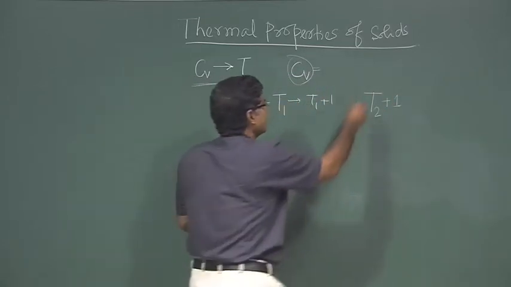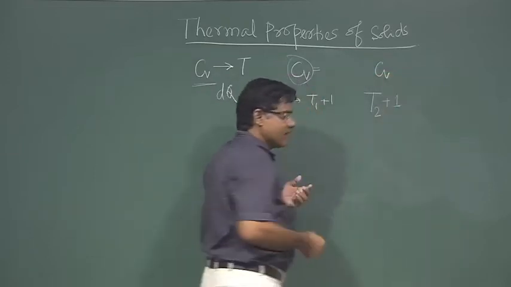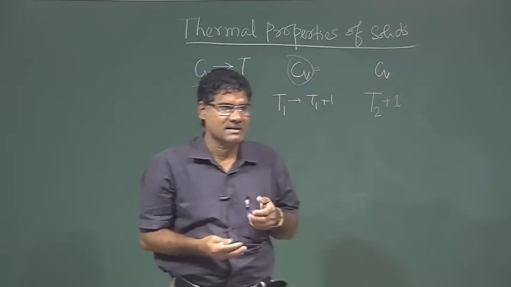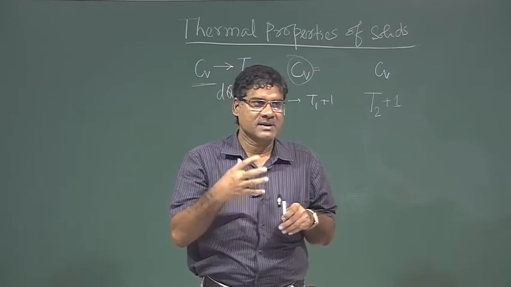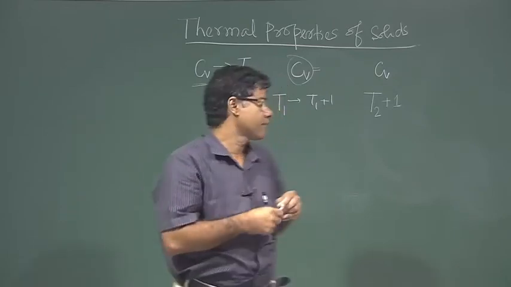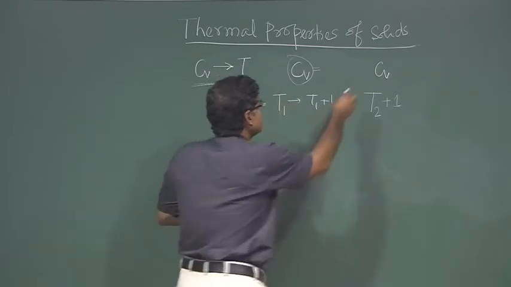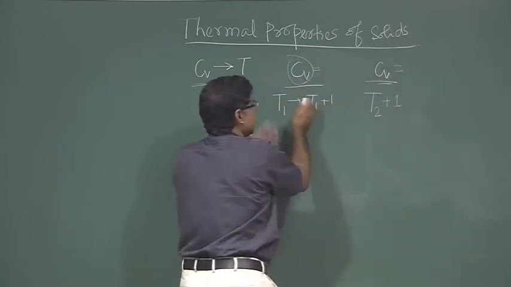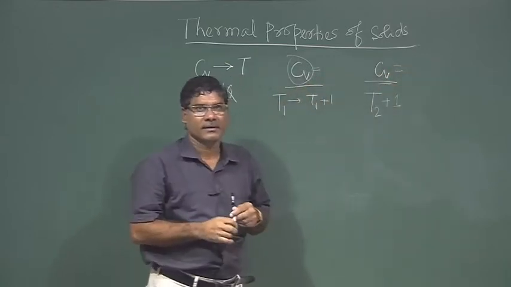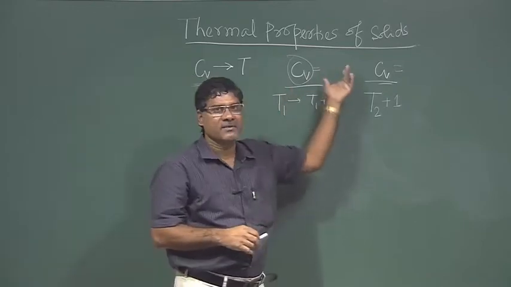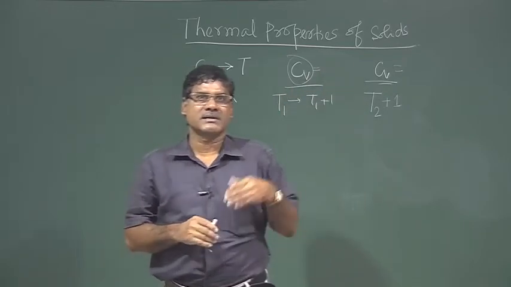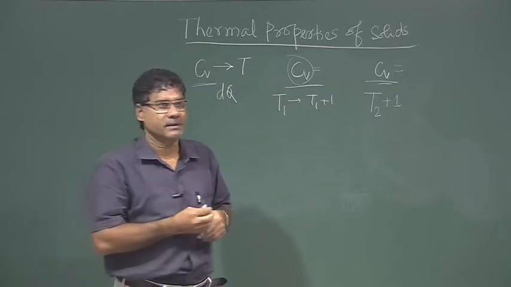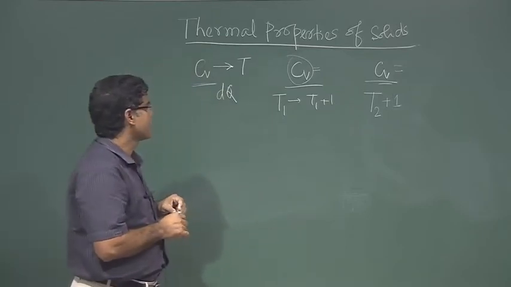Again Cv, right. If you give Cv amount of heat, the system's temperature will change by 1 degree. Whether this Cv here and this Cv here are the same or different, in fact it is different. So, Cv depends on temperature.